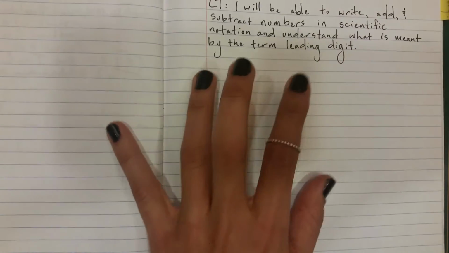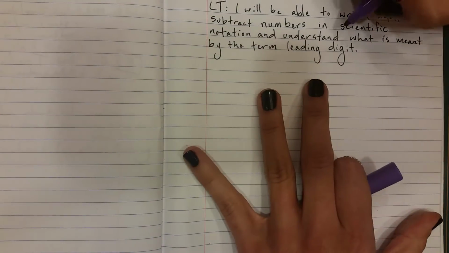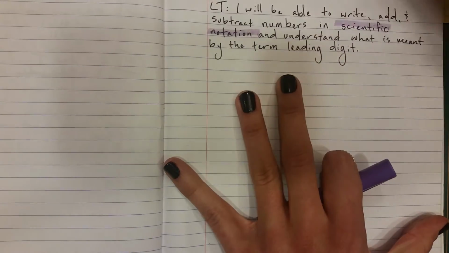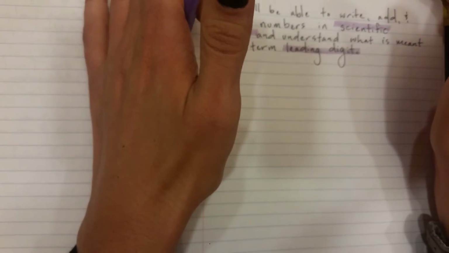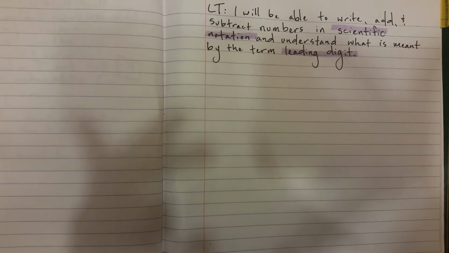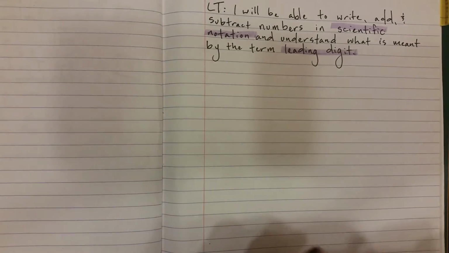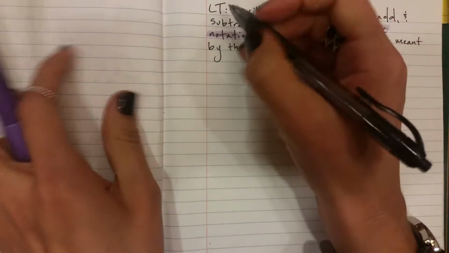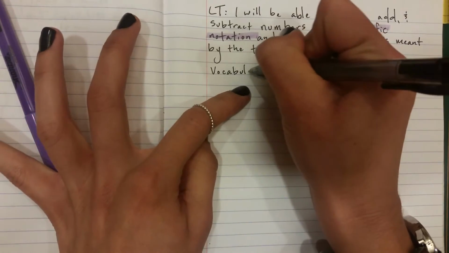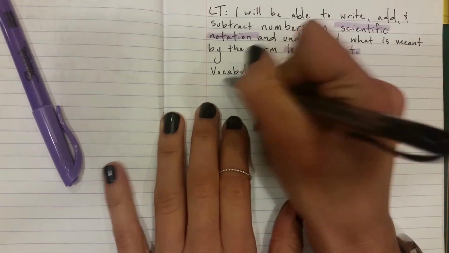Okay, I am going to highlight leading digit and scientific notation because those are going to be our main focuses. Remember, this is our learning target for the week. So we are not going to complete all of this learning target today. Our big vocabulary word for today that we're going to learn is leading digit.